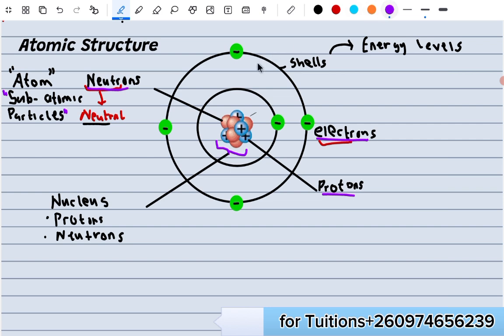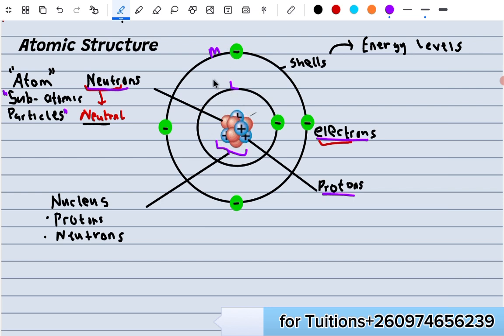Now we give them names. Maybe the first one is called L, and the second one will be called M, and the other one will be called N. Then the other one O. So they start from L, M, N as you follow the alphabetical order.